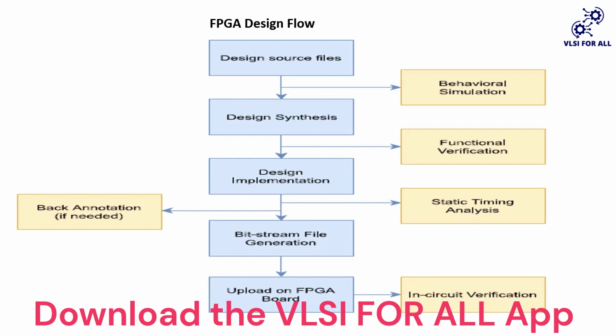Then we move to the implementation process. In implementation there are three steps: first translation, then mapping, and then place and route. Translation is where the number of netlist files we generated are merged together. For the full adder, what gates, what circuits, and the codes of particular gates I'm deciding are all merged in that netlist.